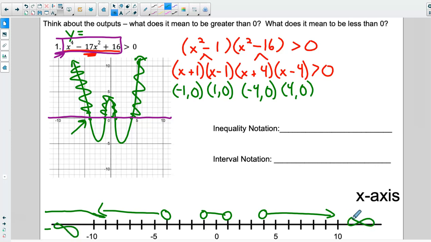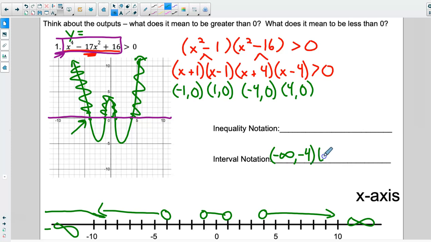So my interval notation is going to start with my starting point. So I'm going to put negative infinity. Where's it stop? Perfect. So it stops at -4. What symbol do I use to show that there's a break? That little u. Yeah.